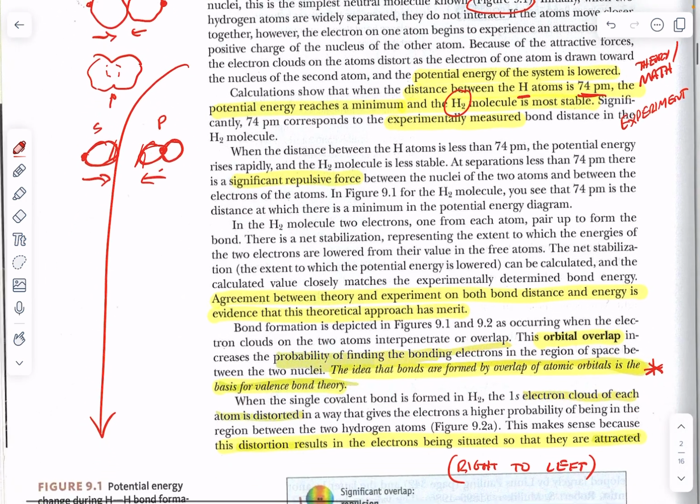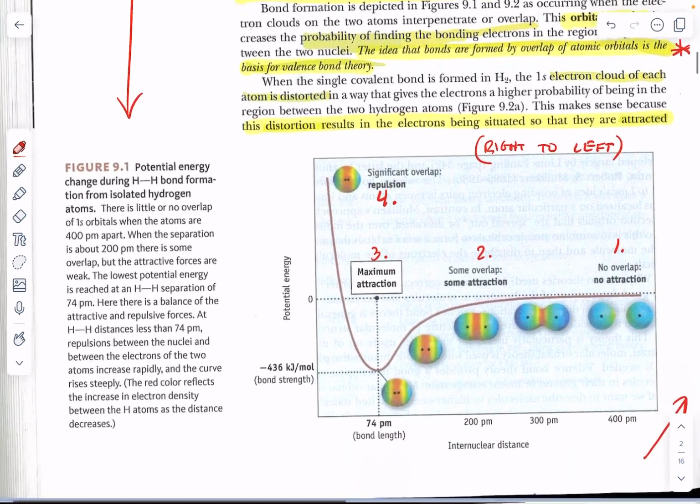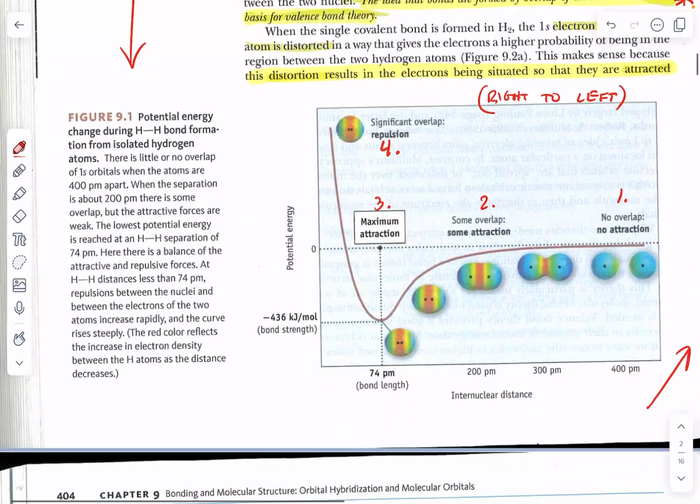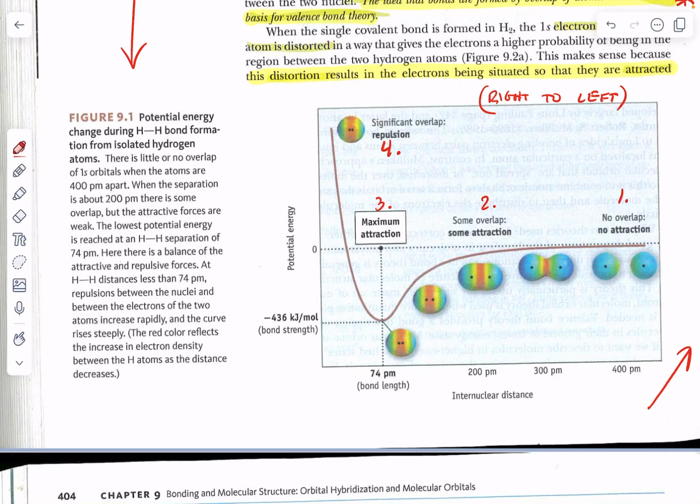So if we come down here and take a look at this picture, the best way to understand this picture is to begin at the right side and work our way to the left side. Let's check out the axes. Here we have our potential energy with positive going this way, negative potential energy going this way.